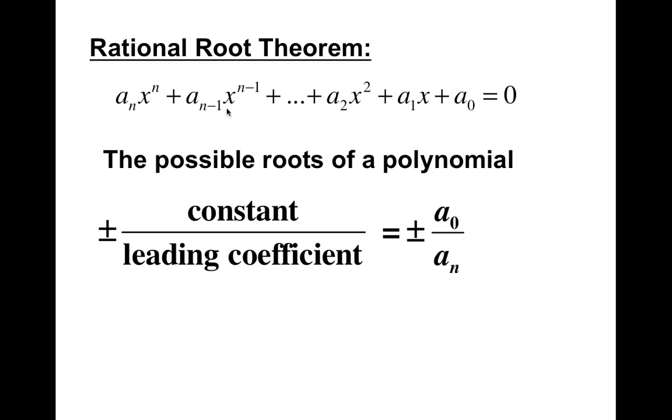So it's plus or minus all of the factors of a sub o divided by all of the factors of a sub n. Last year, you might have learned it as plus or minus p over q. Same thing.